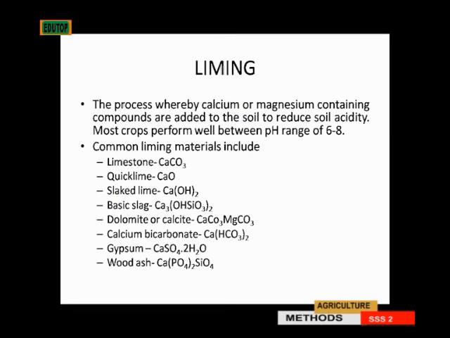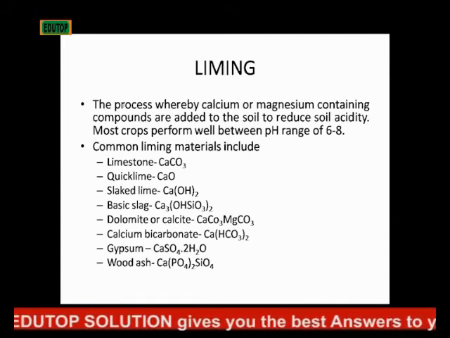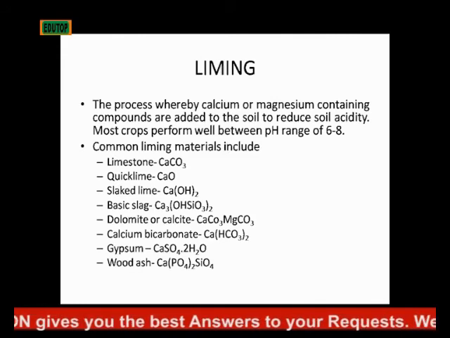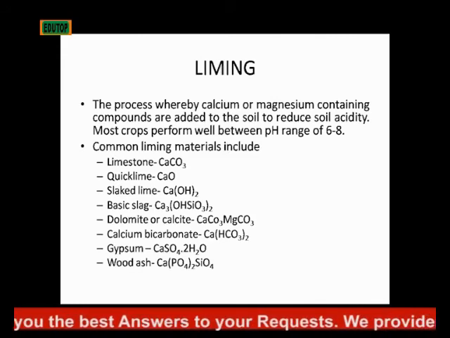Then the next way to replenish lost soil nutrients is liming. Liming is a process whereby calcium or magnesium containing compounds are added to the soil to reduce soil acidity. Most crops perform well between the pH range of 6 to 8. That's the basic range of pH.